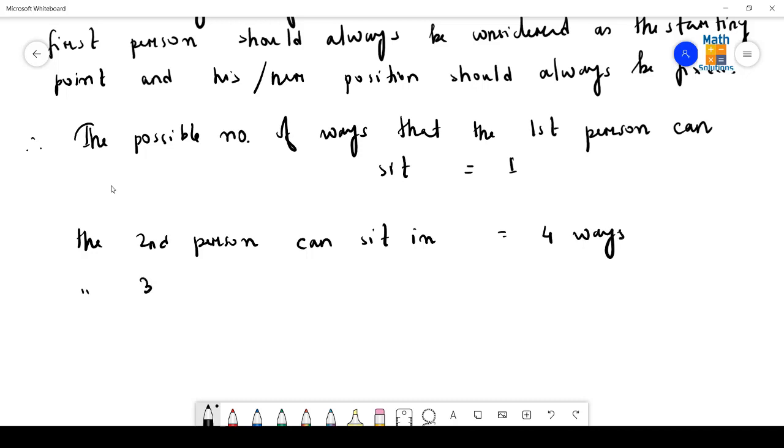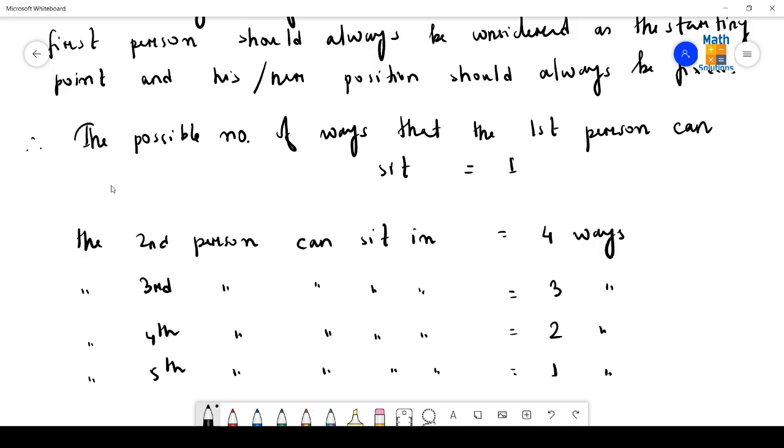Then the third person can sit in, of course, one less, so 3 ways. Then the fourth person can sit in 2 ways, and the fifth person can sit in only 1 way.